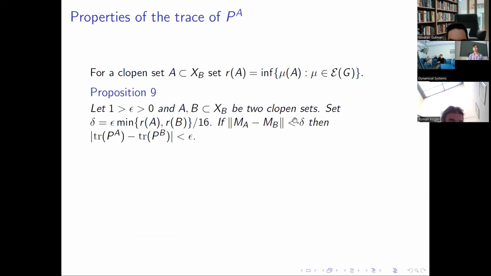The idea of the proof is that if this condition is satisfied, we can find an element g of the group which will move g(B) close to A, with some small difference. So if we have some set A and some set B, close in this sense, then we somehow move B like that, so that the symmetric difference will be small in the sense of measure, and this will allow us to prove this property.